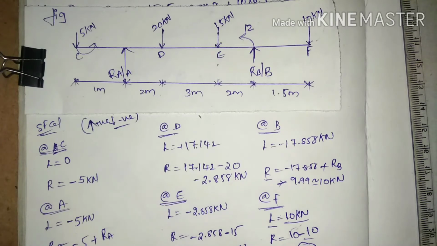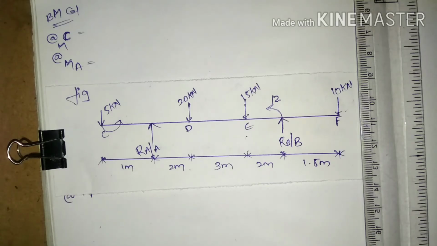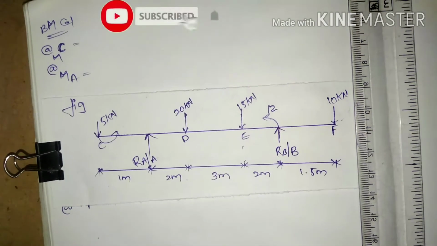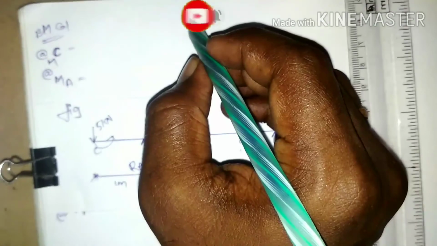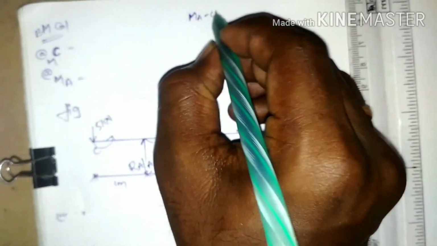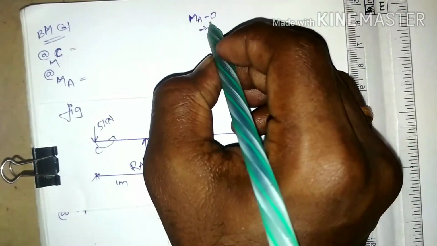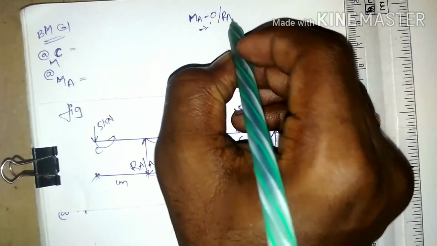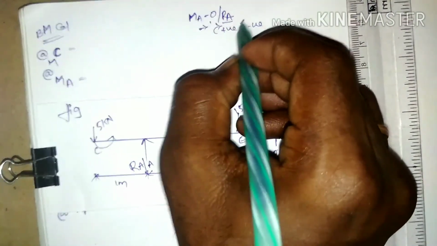These are our shear force calculations to draw the shear force diagram, and moving on to the bending moment calculations to draw the bending moment diagram. To find out the bending moment calculations, we have a sign convention: if you take the moments about A, or from RA, clockwise will be positive, anti-clockwise will be negative.